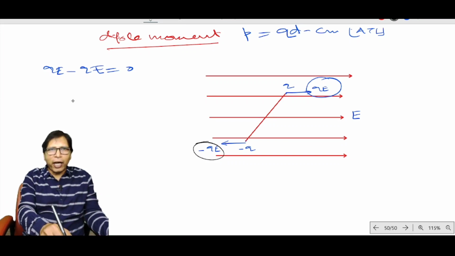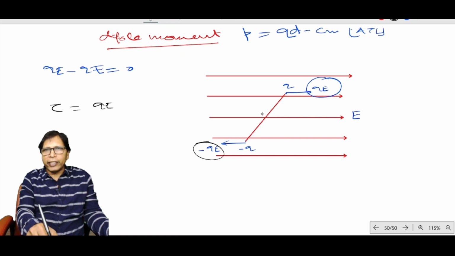The moment of the couple, tau, is equal to the magnitude of force into their distance of separation. If d is the distance between the q and minus q and the angle is theta, then the distance between the two forces is d sine theta.